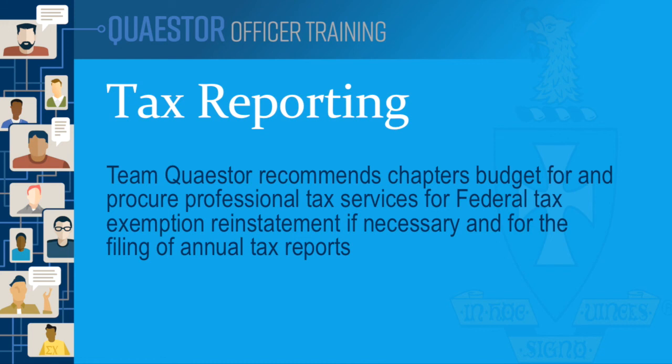Due to the complexity of filing taxes, we will not cover tax filing in this learning module. As previously stated, it is recommended that you seek professional services for your tax filing needs. As a final note, each chapter is an individual tax entity, and it is the responsibility of each chapter to ensure tax filings are performed properly and on time.